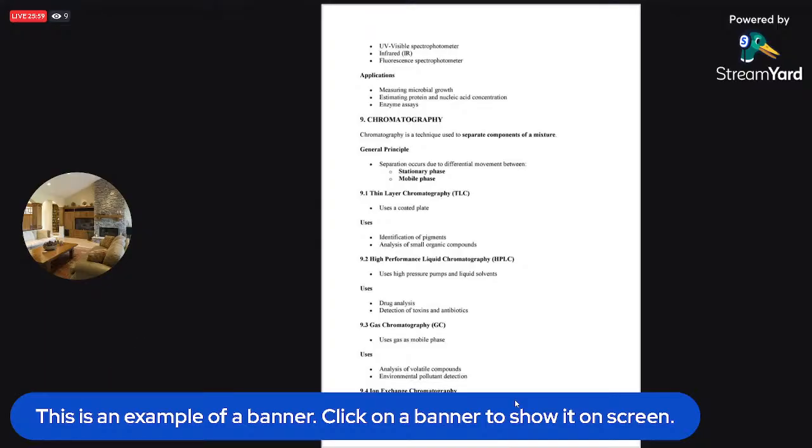Unfortunately, we don't have most of these around us here. You can easily see them when you go to a higher laboratory. Then the application: it is used for measuring microbial growth. If you want to study microbial growth, you make use of spectrophotometry.